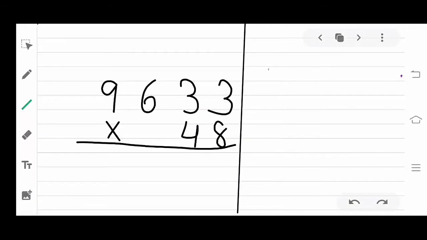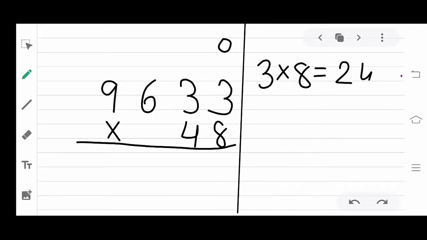Hello students, now we are going to solve our sums. Students, you can see that here we are multiplying a 4-digit number by a 2-digit number, and here we start with the ones. So 3 into 8 is equal to 24. So I am writing 4 here and 2 here.